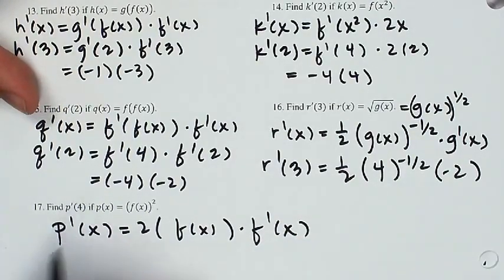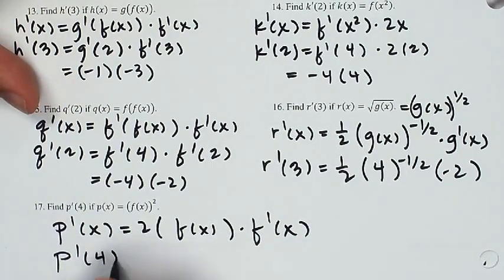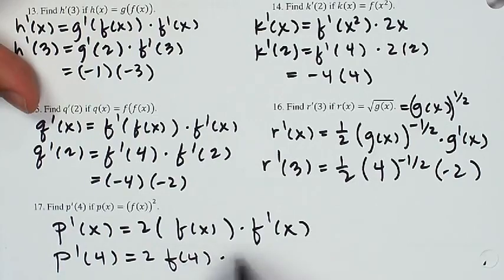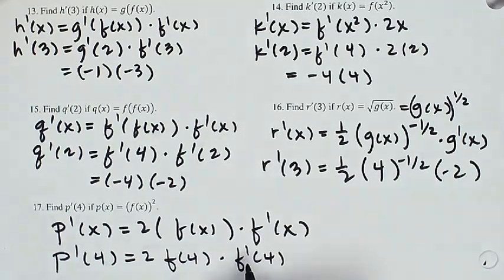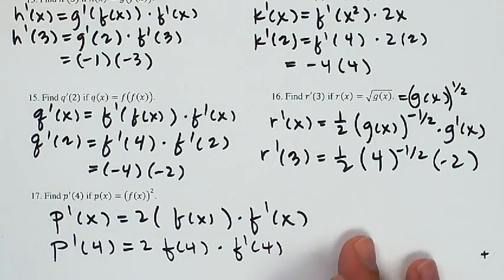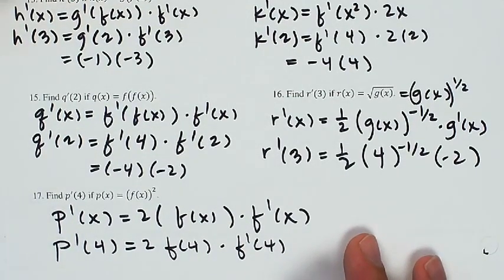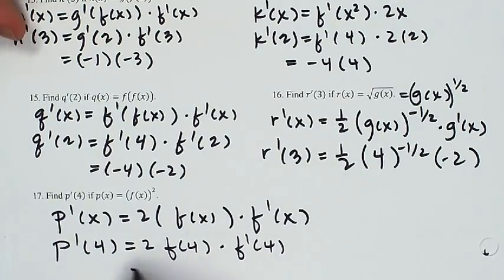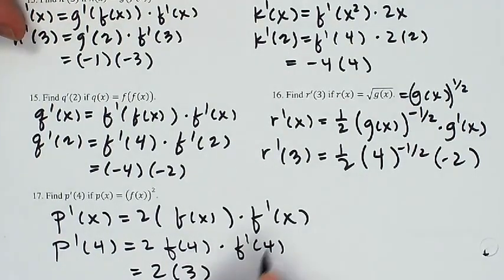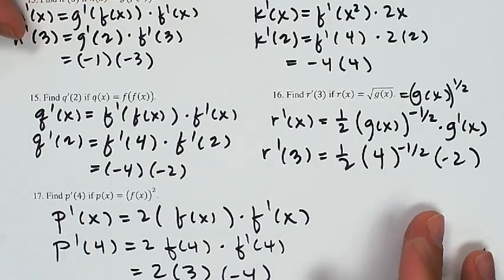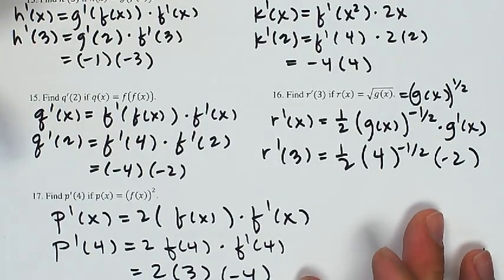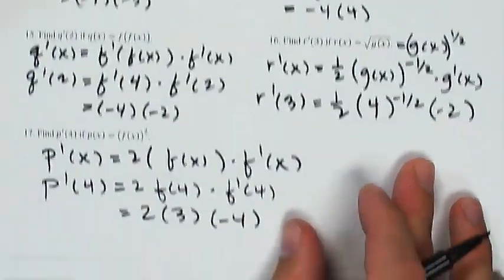All right, and p prime of 4 equals 2 times f of 4 times f prime of 4, and hold on. Oh. So f of 4 is looking like 3, and f prime of 4 is -4. So that's 2 times 3. I know you can't see this, but I'll show you in a second.